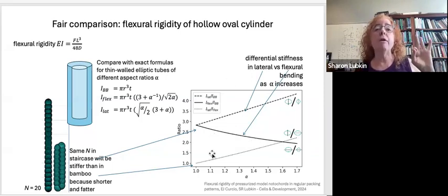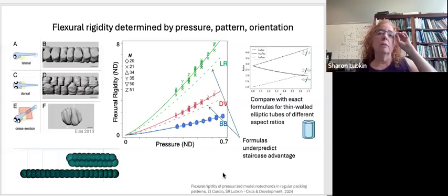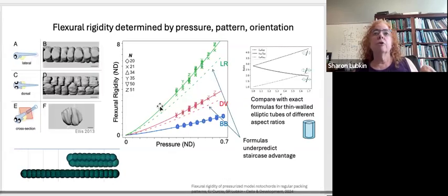Okay, so these are our reference curves here. And when we look at the simulations, the reference curves are quite parallel to the data from these 3-point bending simulations, although they underpredict how advantageous it is to be packed in the staircase pattern.